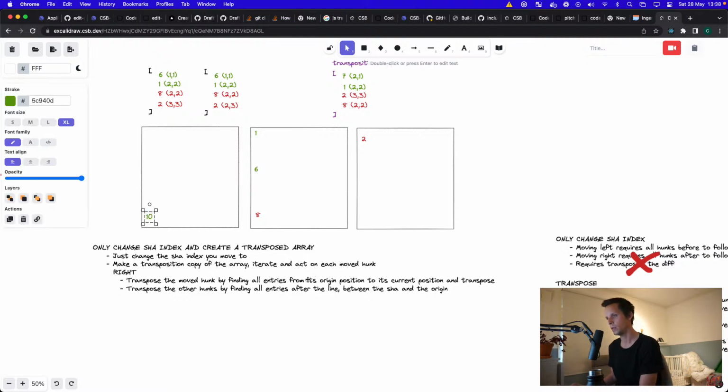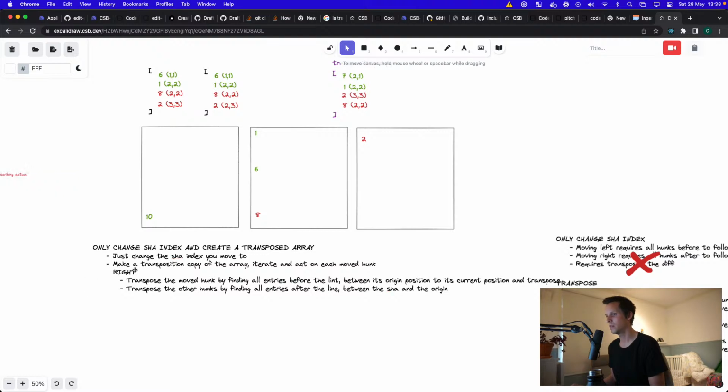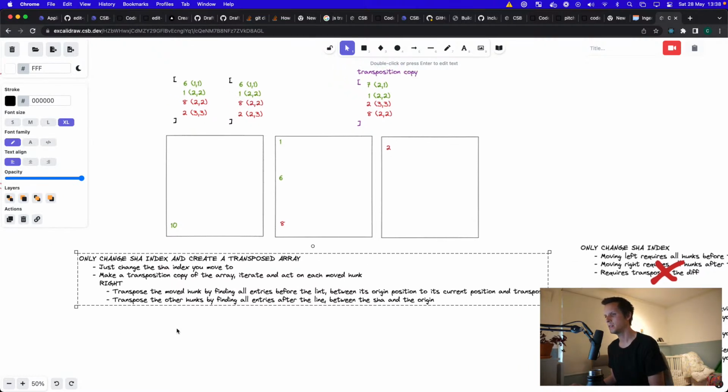So that it's the wrong way to think about it. By finding all entries from its origin, finding all entries, it has to be lines before that. Before the line between its, or it has to be between its origin position to its current position. I think it has to be this.